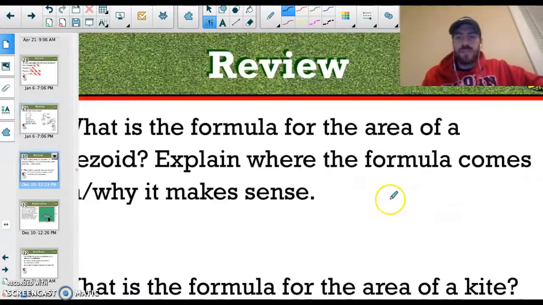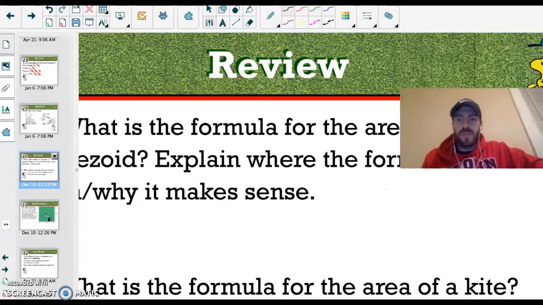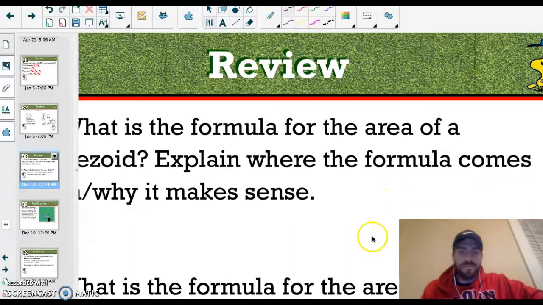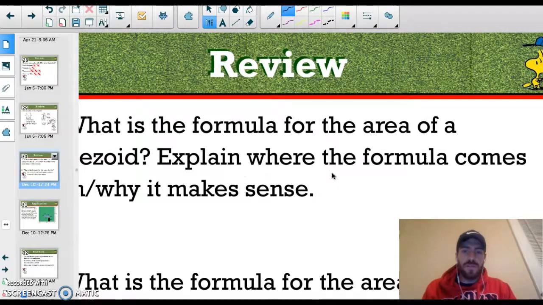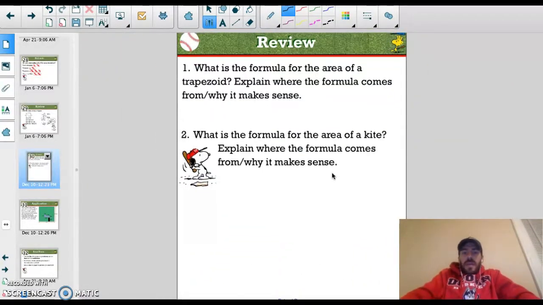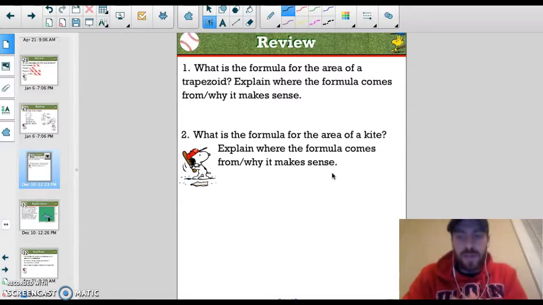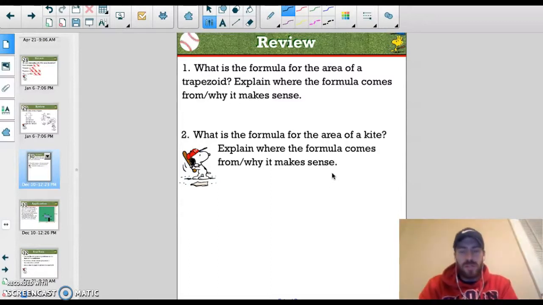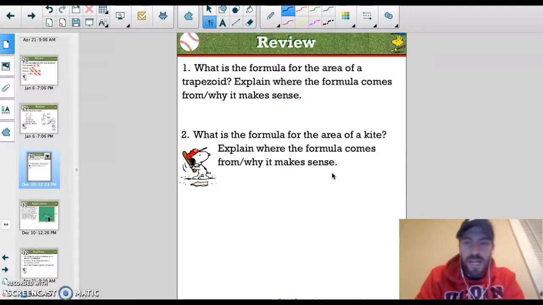So, next thing we're going to look at, like I said, I'll come back down to the right corner where I belong. We'll zoom out. There we go. We're going to look a little bit into the trapezoid and the kite formula. So I want you guys to pause the video right now and think about what we did last class and how we manipulated the trapezoid to look like a parallelogram, and do the same thing with a kite.